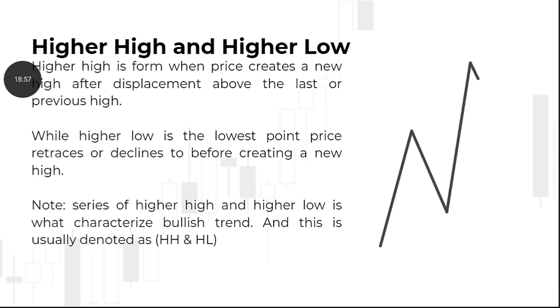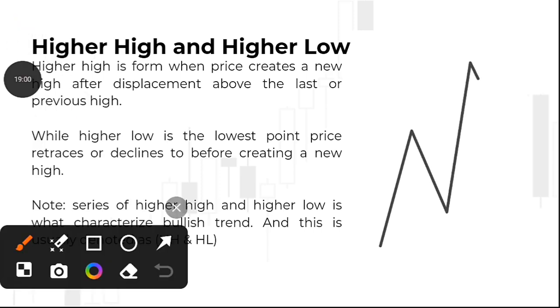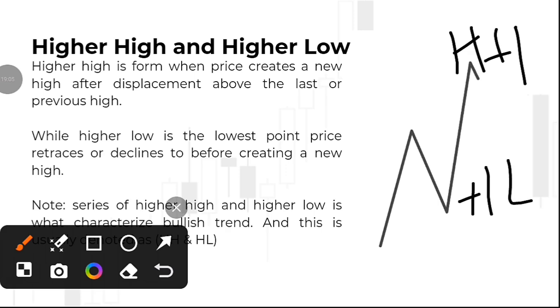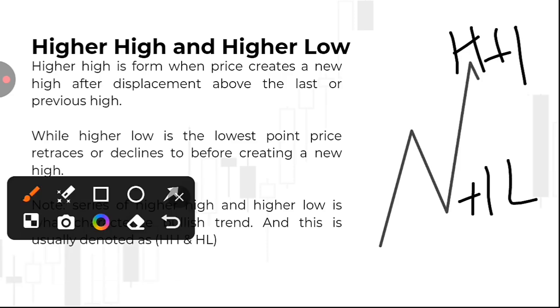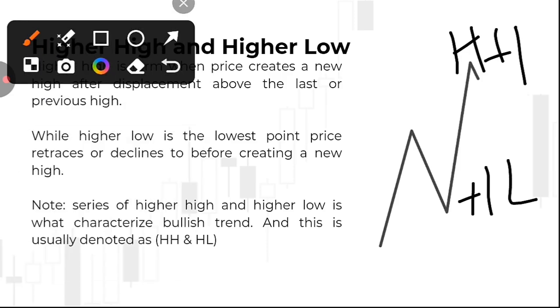All right, right here is our higher high, and right here is the higher low. So that is basically all about that. A series of higher highs and higher lows is what characterizes a bullish trend, and this is usually denoted as HH, which stands for higher high, and HL, which stands for higher low.